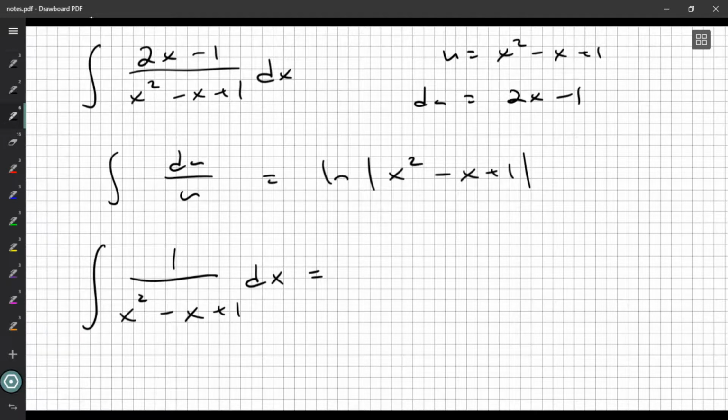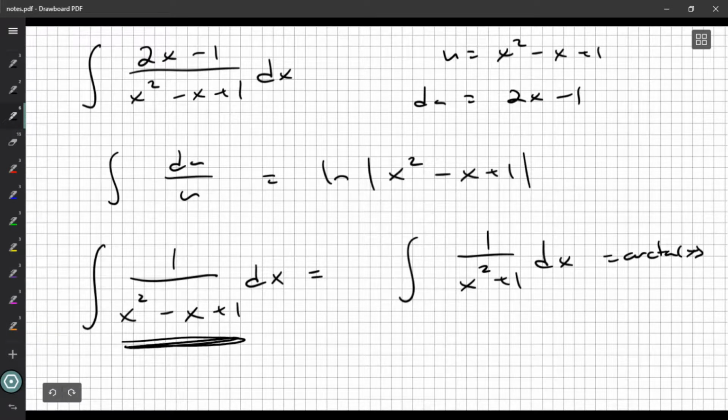Now, when working with irreducible quadratics, the typical example is that we know the integrals for 1 over x squared plus 1 look like arctan x. So what I want to do is regroup things on the bottom here, complete a square, so that it looks like 1 over something squared plus 1. Okay, that's our goal.